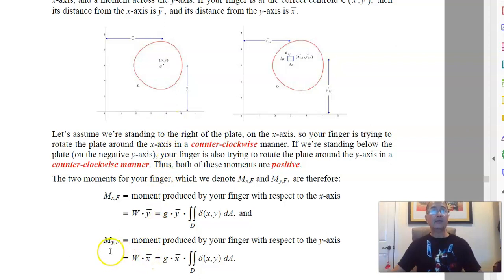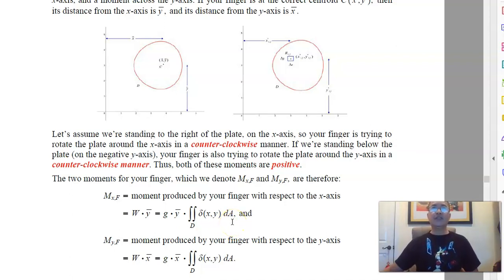Similarly, the moment that your finger produces with respect to the y-axis is the product of the weight times x bar. Now, of course, calculus came in here already because we know that the mass of the plate is already a double integral.